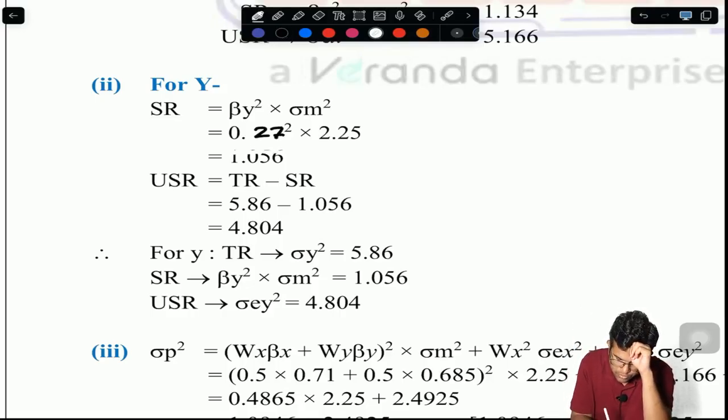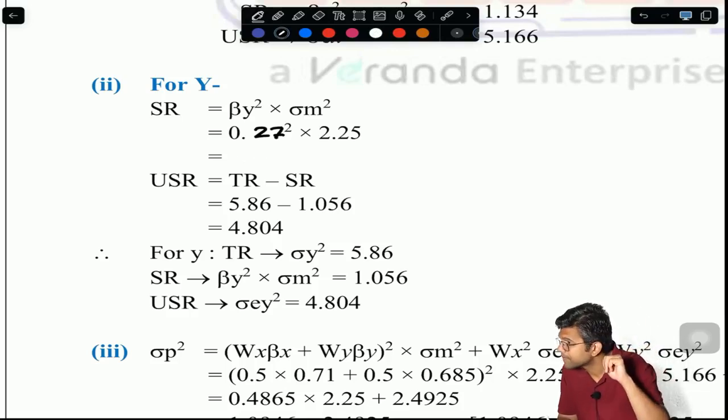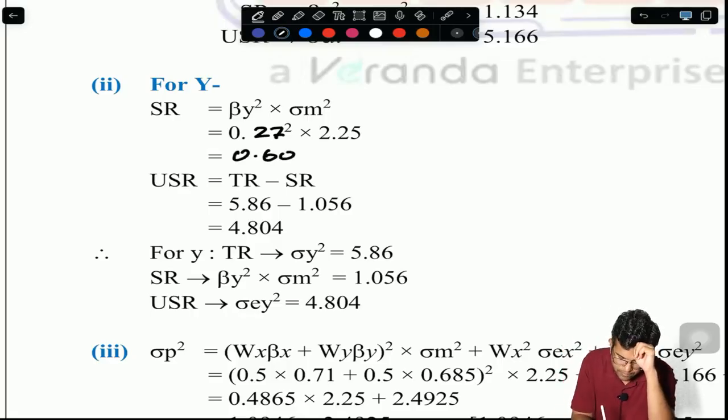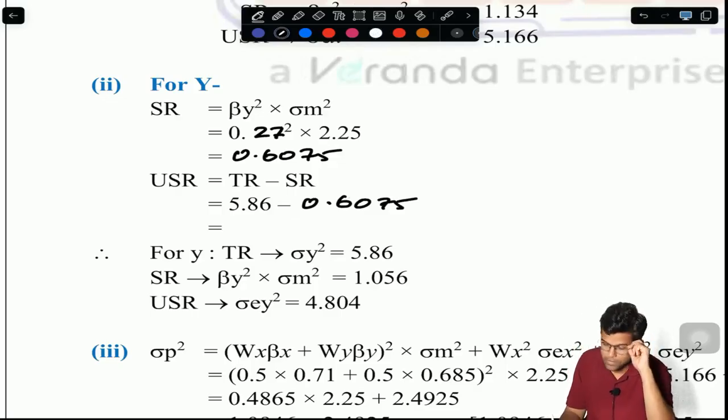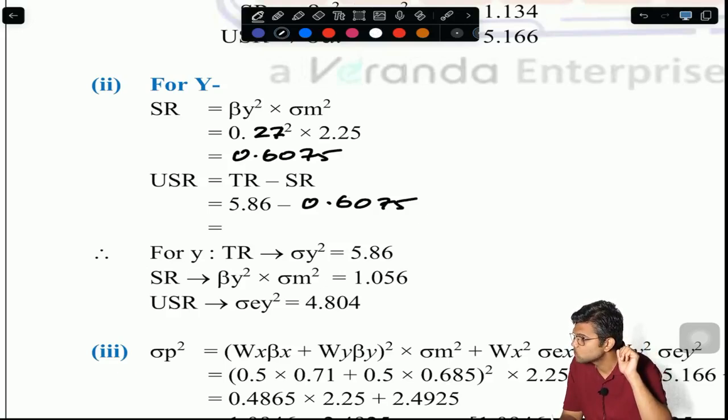So your systematic risk answer comes to 0.6075. What is unsystematic risk? That 6075 is wrong.